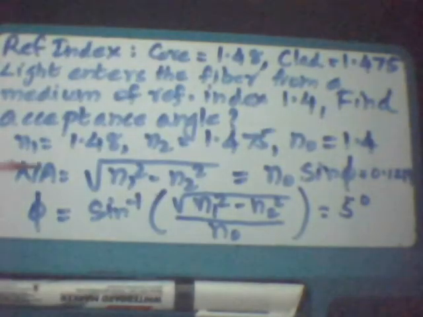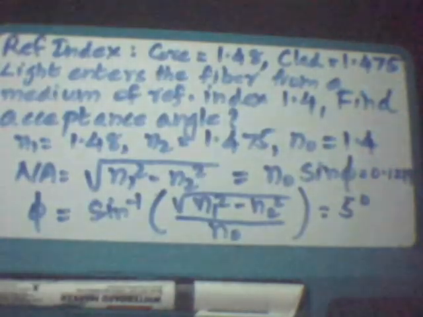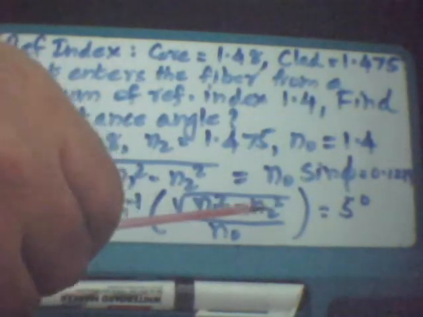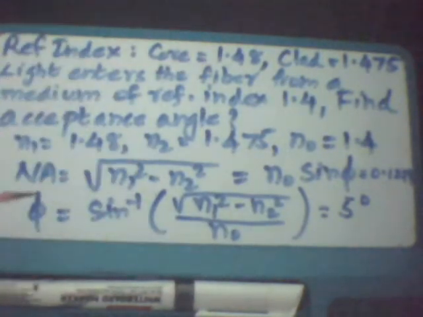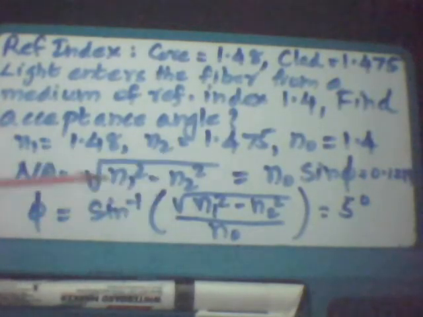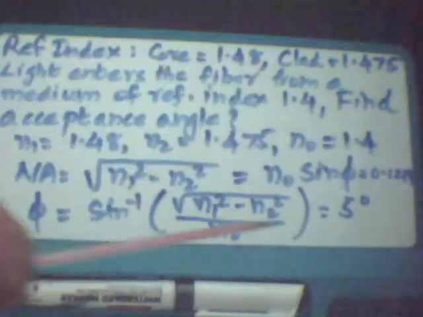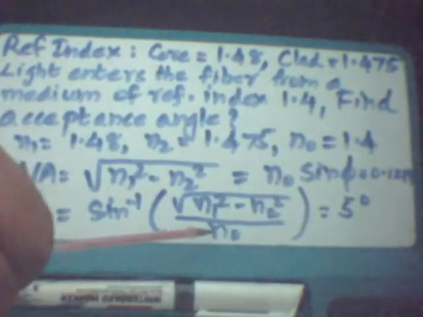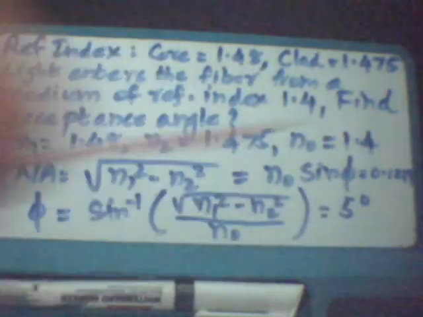Numerical aperture is given by the expression square root of n1 squared minus n2 squared is equal to n0 sin phi, and you substitute for n1 and n2, you will get 0.1219, and phi is given by sine inverse square root of n1 squared minus n2 squared by n0, or sine inverse numerical aperture by n0, and you substitute for numerical aperture 0.1219 and n0 is 1.4. So sine inverse 0.1219 divided by 1.4 and you will get 5 degrees. So 5 degrees is the acceptance angle of the fiber.